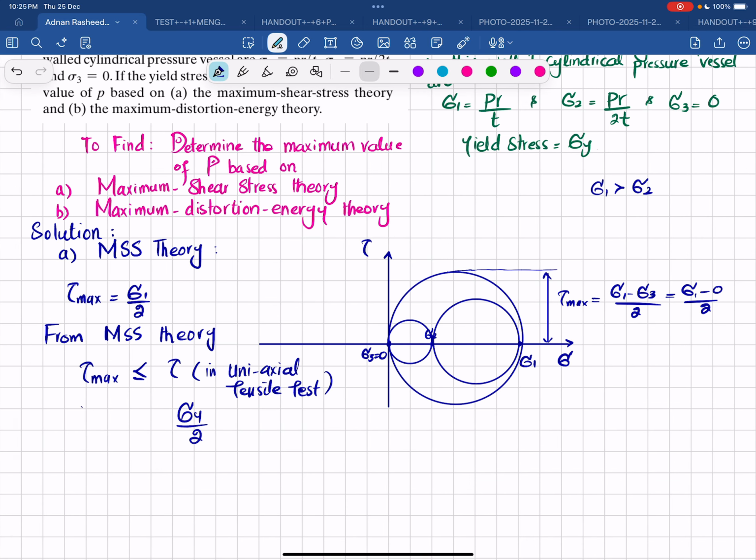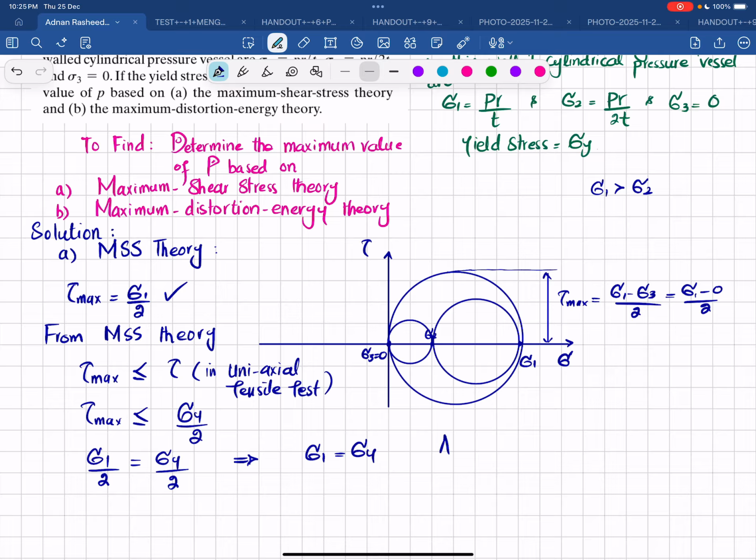Here the maximum shear stress is sigma 1 divided by 2, and it should be less than or equal to that. Since we are going to find this value P, we will equate it to sigma yield divided by 2. So from here we get sigma 1 is equal to sigma yield.